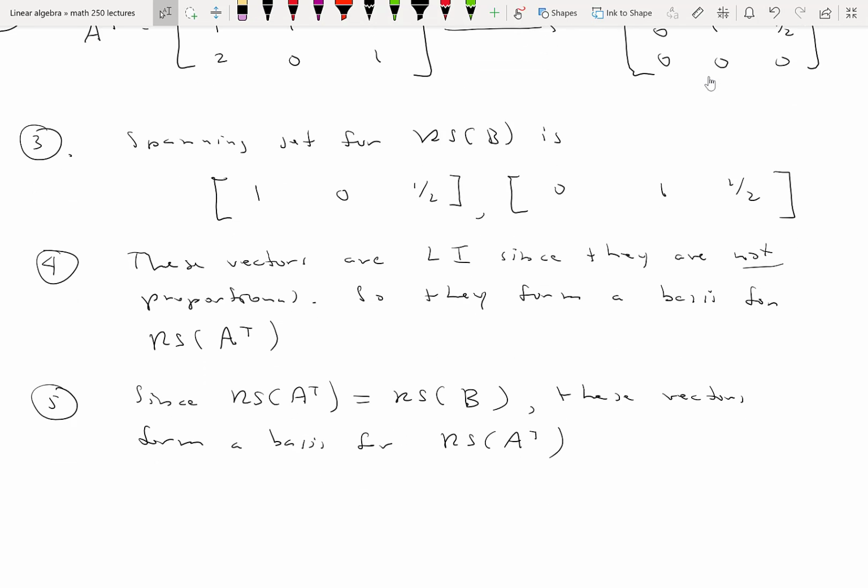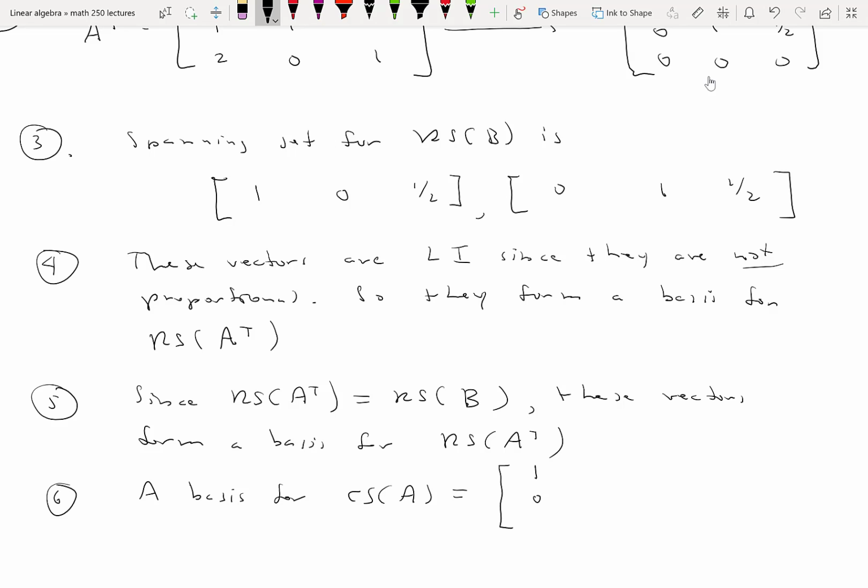Alrighty, so step 6. A basis for the column space of A then is the transpose of these row vectors.